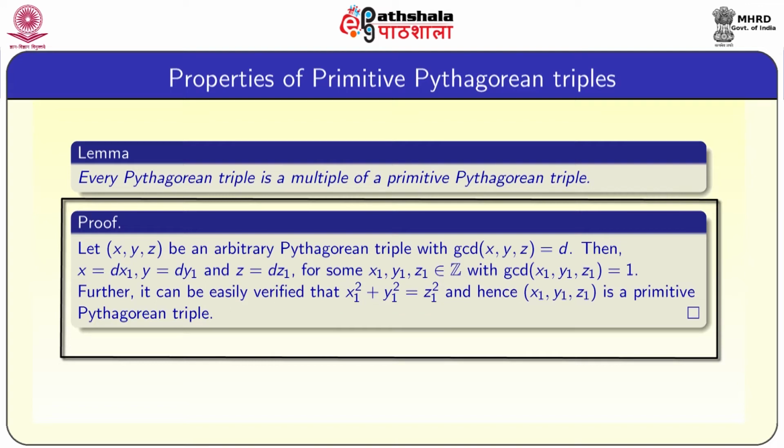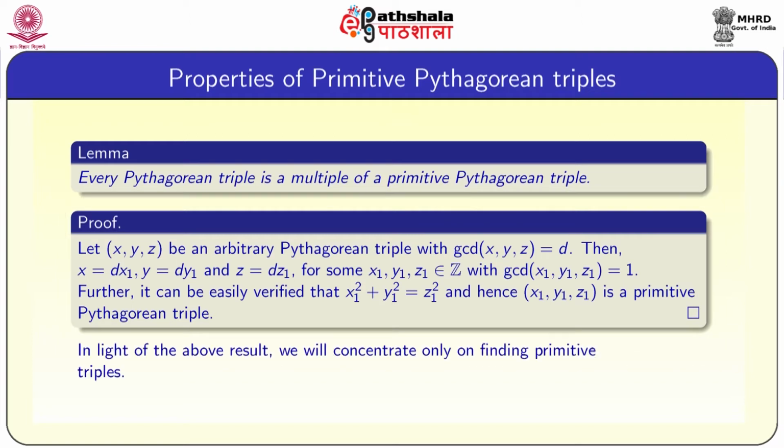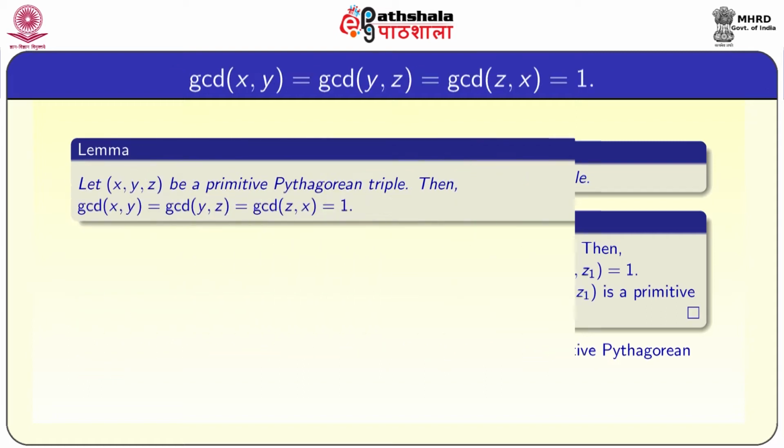Hence, x1, y1, z1 is a primitive Pythagorean triple, so that x, y, z equals d times x1, y1, z1. So, this Pythagorean triple x, y, z is derived from the primitive Pythagorean triple x1, y1, z1. In the light of the above result, we concentrate only on finding primitive Pythagorean triples.